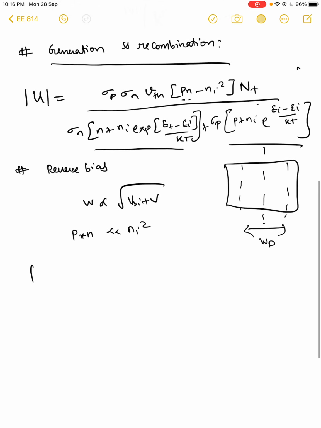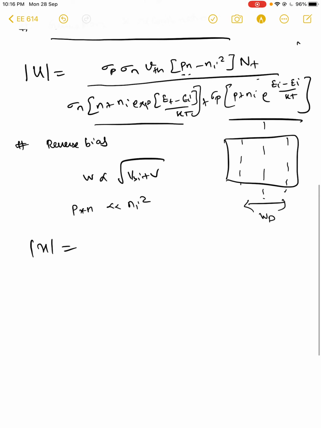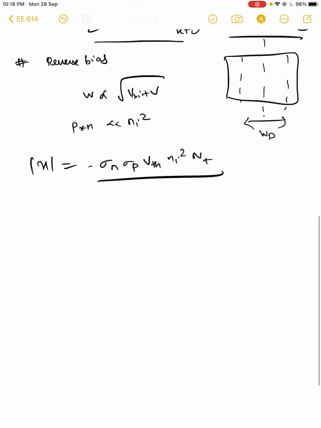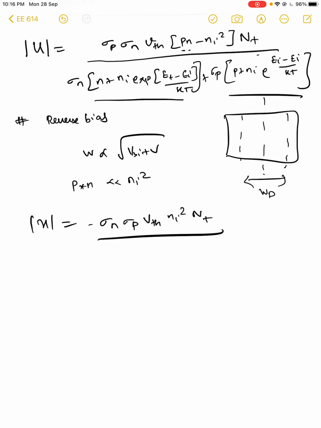So this U will be sigma n sigma p vth minus ni square Nt divided by, I will take ni common outside because it's there on both sides, sigma n e power Et minus Ei by kT plus sigma p e power Ei minus Et by kT.